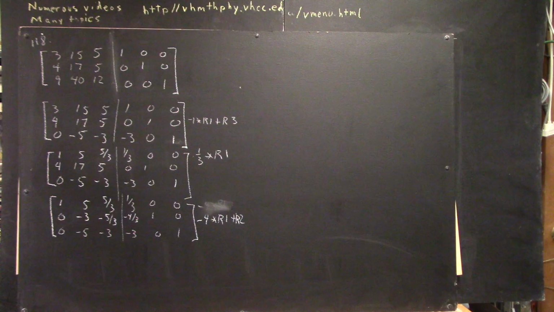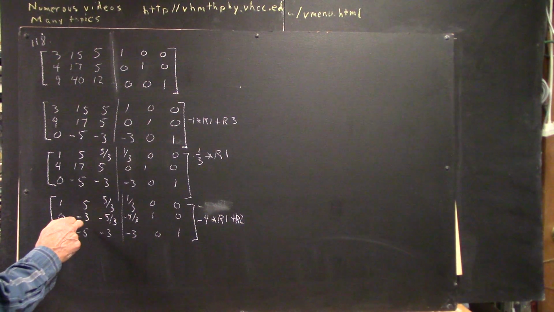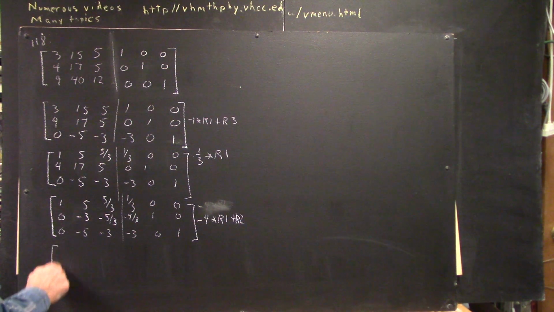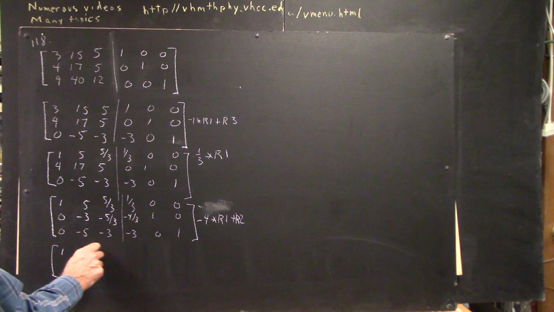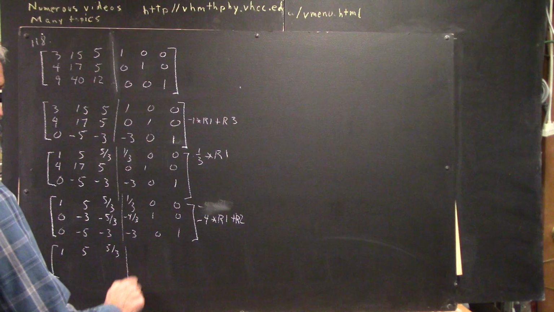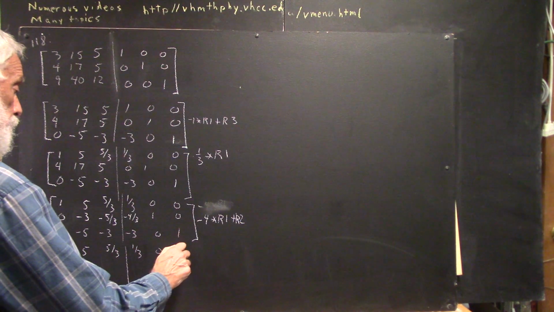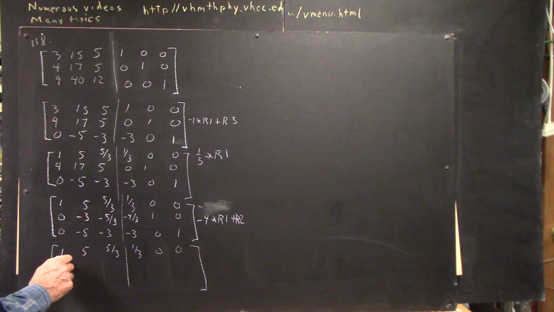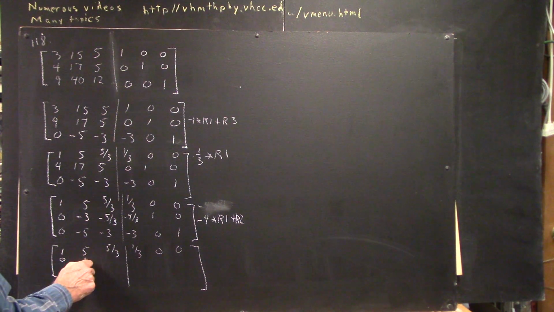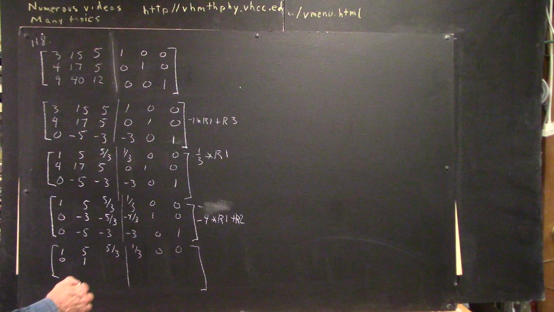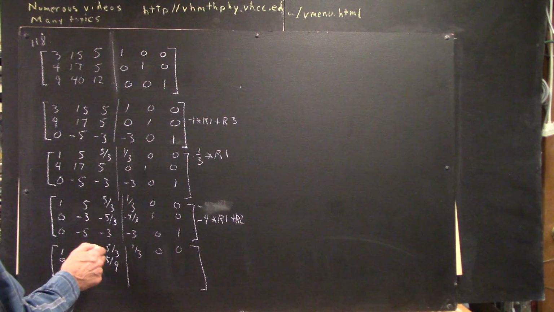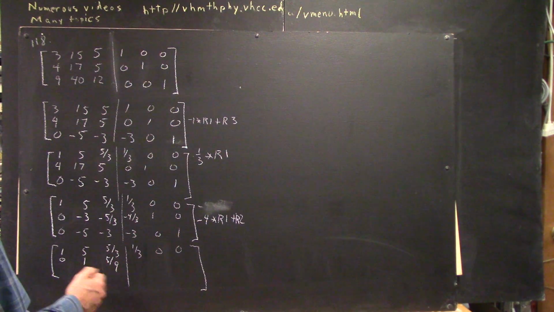Okay. Then I'm going to multiply this row by negative 1/3 to get a 1 here. So I'll have 1, 5, 5/3. Now I might make a mistake here because I'm just doing this. I haven't practiced this. I haven't worked this out in advance. So if I happen to do it right, you can be impressed, but if I screw it up, don't be surprised. So we're going to have 5/9 here, because, oops, yeah, that's right.